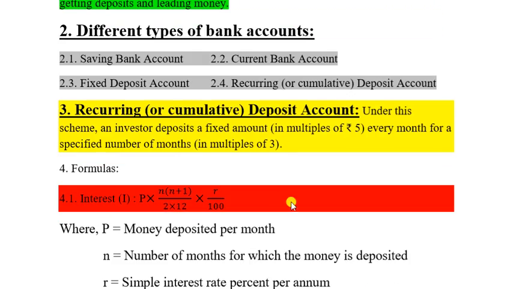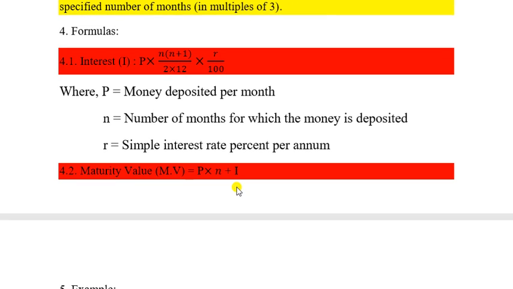And next we are going to see what I have given in the topic, that is interest and maturity value. Remember that interest means, suppose you are going to deposit some amount to your bank account, then at the end of 18 months or 3 years or 3 months, 6 months, you will get some extra amount with your deposited amount.